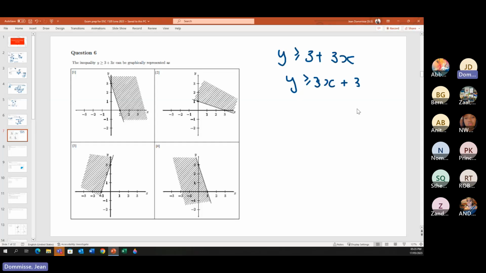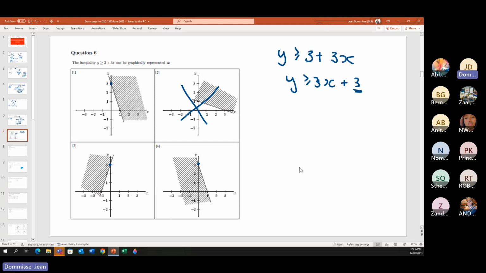Okay, so if we write it like that, firstly, I can see that my y cutoff is going to be 3. Okay, so y cutoff 3, yes, so it might be that one. Y cutoff 1, not this one. Y cutoff 3 might be that one. Y cutoff 3 might be that one. Okay, so at least we've eliminated one of them.